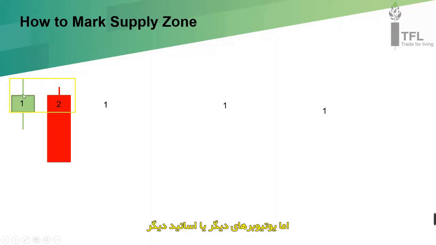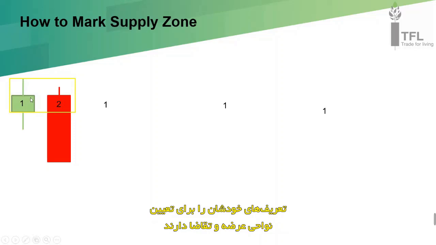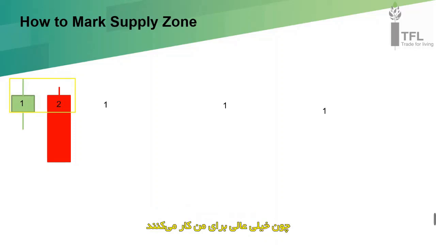There are a lot of YouTubers and gurus out there who have their own definition of marking a supply and demand zone, but I'm going to share with you how I look at it, because it works excellently for me. Of course, it's not 100%, because sometimes I miss some trades because of the spread.